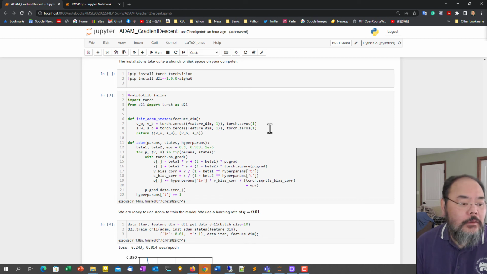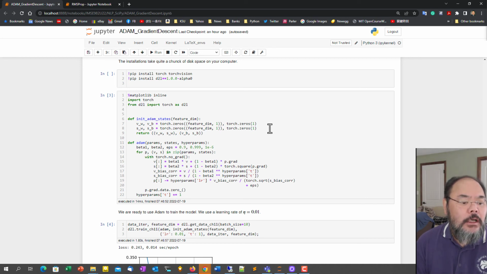D2L can be used with the PyTorch neural network framework, supported by Facebook, and also with the most famous, TensorFlow, which is supported by Google.